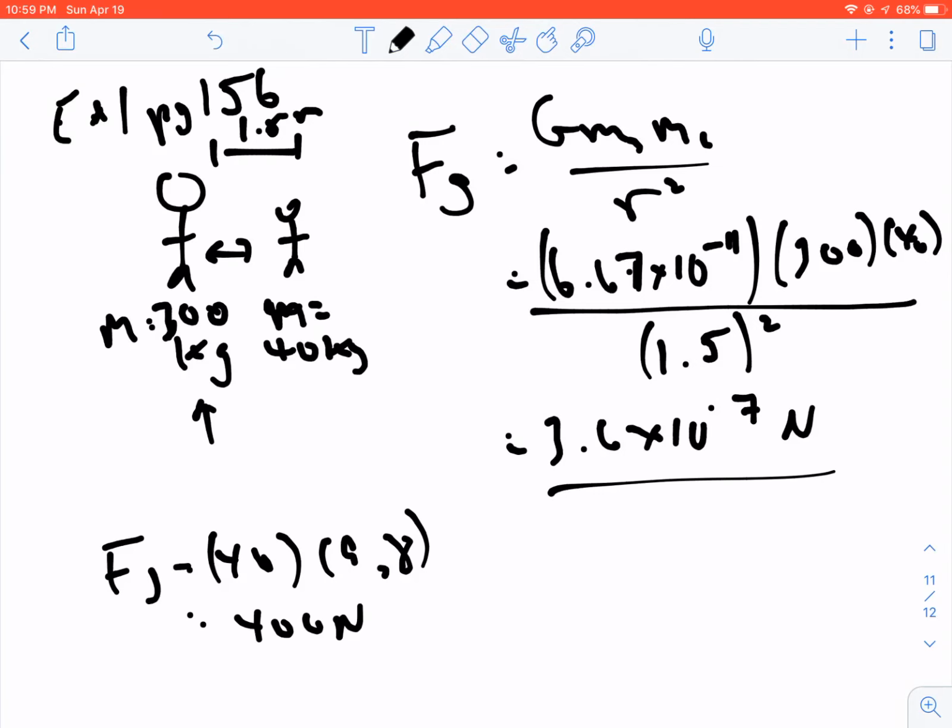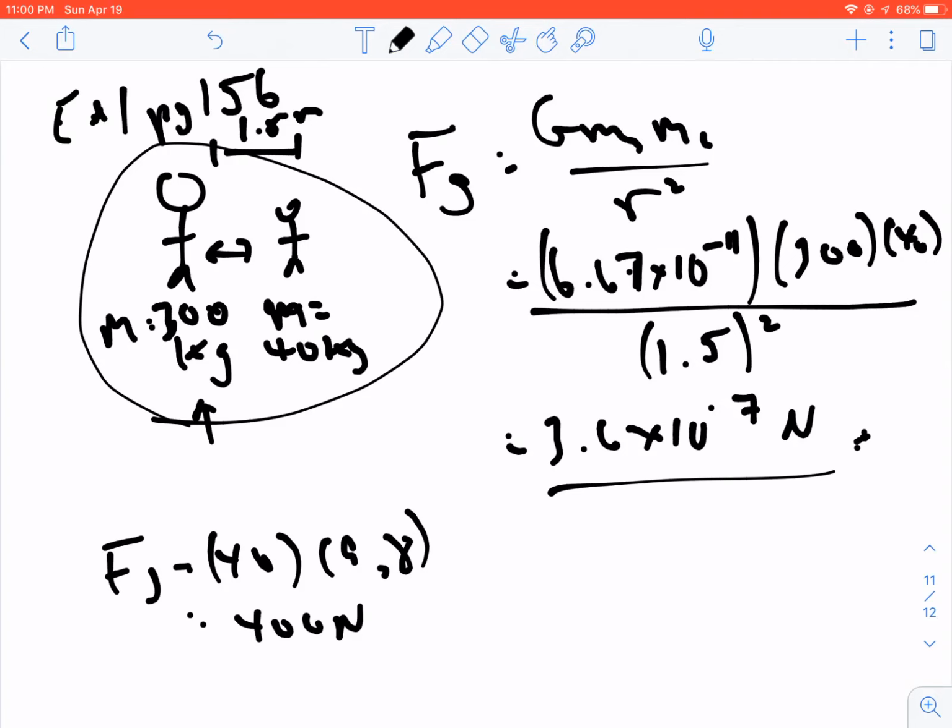Right, this is 0.0000004 newtons. Right, this is about a billion times smaller than the amount of force pulling her down, or him down, to the planet. So the force of attraction between these objects is very small, which means you don't have to worry about getting sucked across the couch to the person sitting beside you, because that gravitational force of attraction is very, very small.